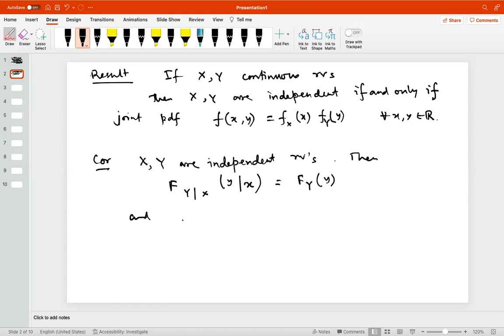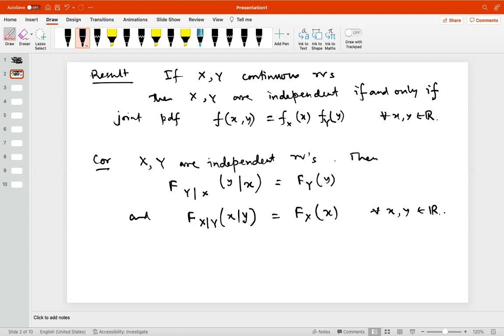And that for X given Y equal to y, at the point x, is just the distribution function of X at x. This is true for all x, y. So these are all equivalent conditions basically. This corollary is not an equivalent condition. The other results are the equivalent conditions.